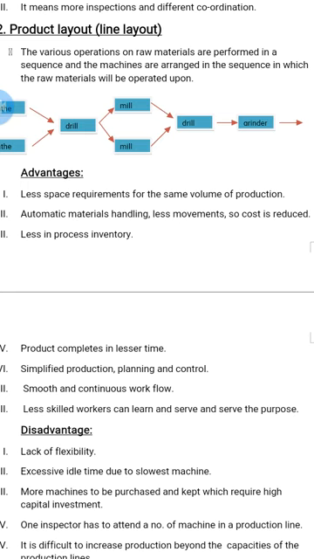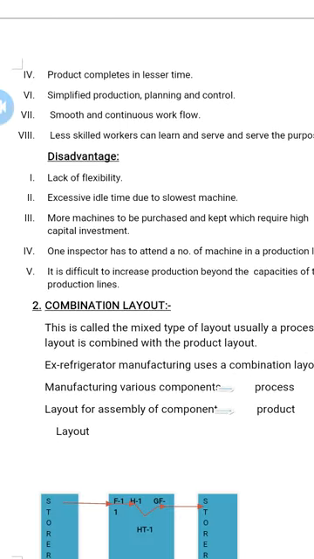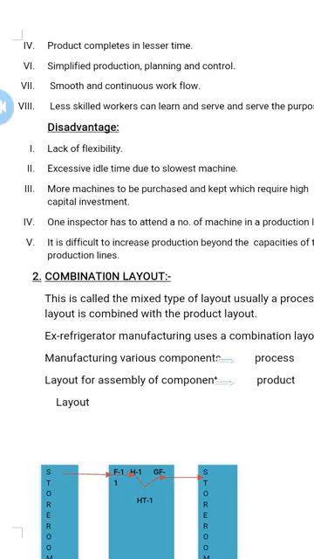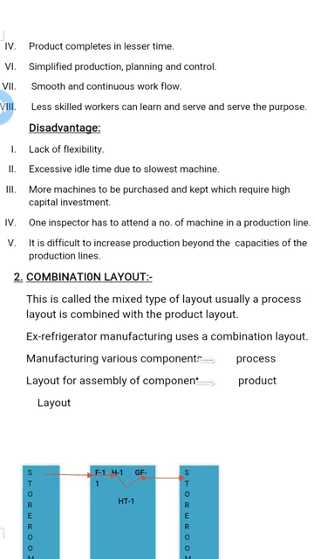So with automatic material handling, there is less movement, so material handling cost is reduced, less process inventory is required, the product completes in lesser time, simplified production planning and control, smooth and continuous workflow, and less skilled workers can learn and serve the purpose. So what are the disadvantages?